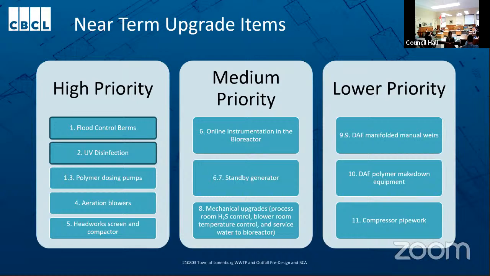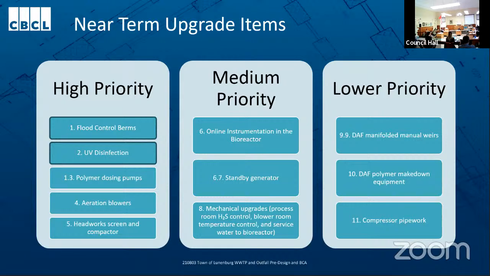These were ranked by looking at the criticality of each of them, the opportunities for process improvements, for operational improvements, the cost, and also how well they fit in with the proposed long-term expansion options.